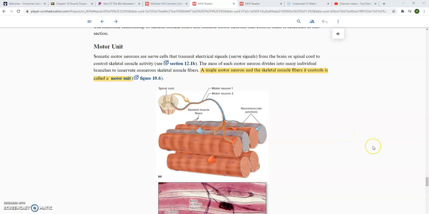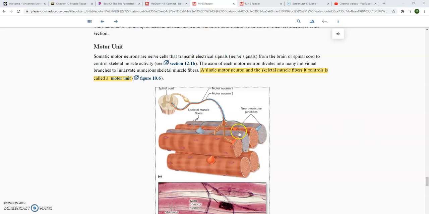All right. Another thing to be aware of is that the skeletal muscle fibers or cells that a particular motor neuron innervates are not all in one area of a muscle. If we think about our eye muscles, you may have a motor neuron innervating skeletal muscle fibers in different areas of that muscle. They're not all clustered together; they're spread apart.